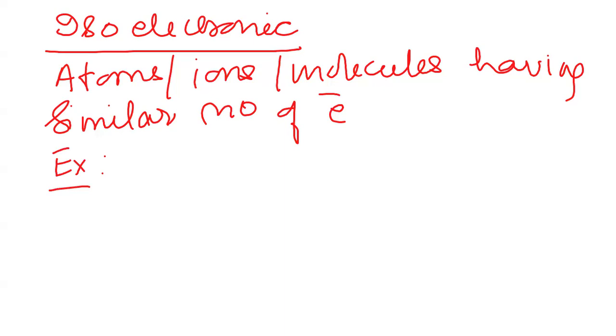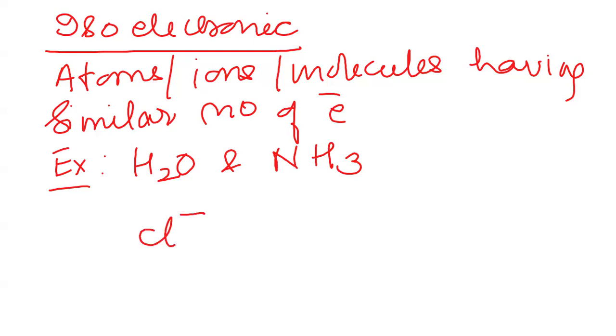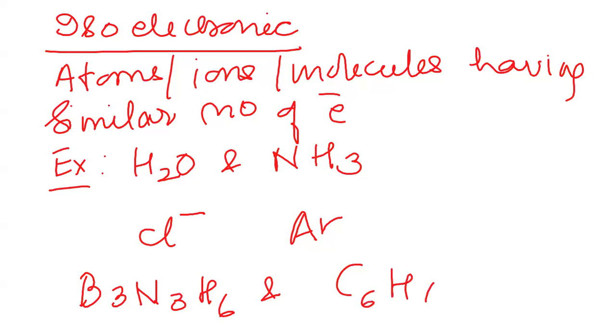For example, H2O and NH3. Now find the chloride ion and argon, B3N3H6 and C6H6. Find how many electrons are in each, and do it fast. Then I'll present you with a NEET question, a PYQ of NEET.